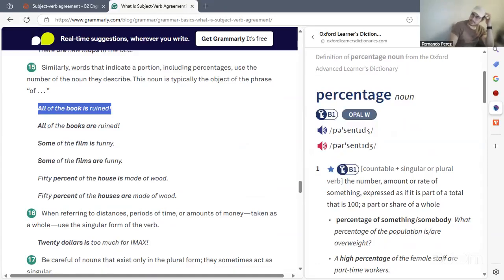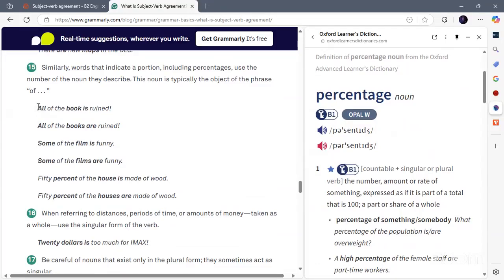Yeah, that sounds pretty much the same, but there is a slight difference between all the book and all of the book. All of the book is like we're talking about the contents of the book. All the book would mean the same, but it's a simple translation from Spanish to English.